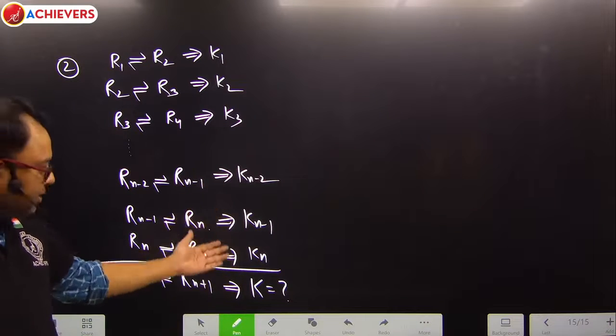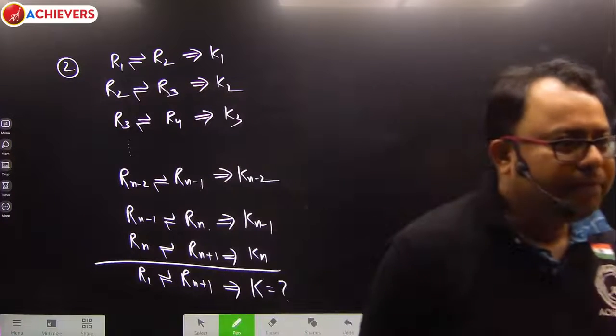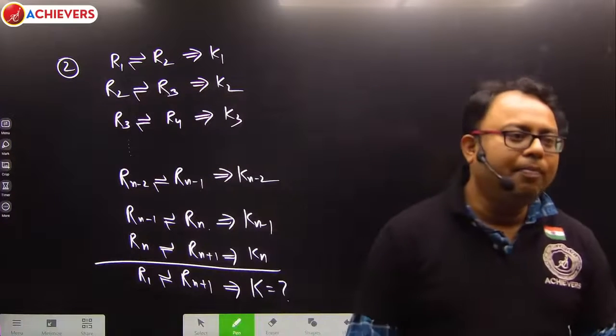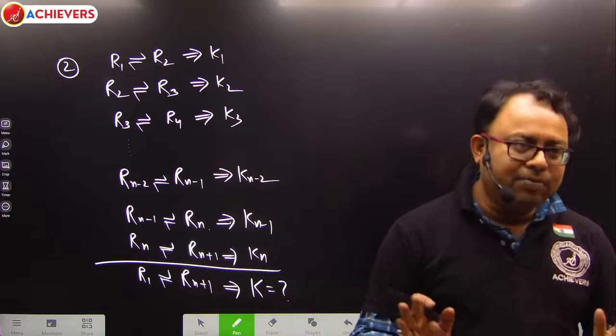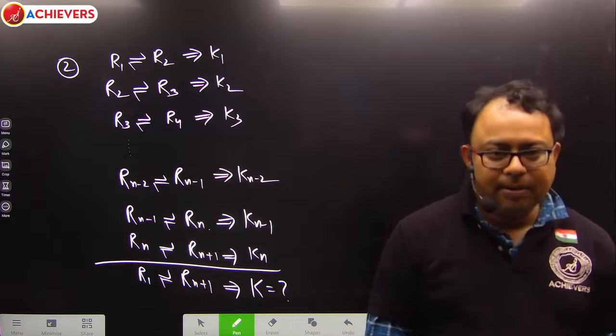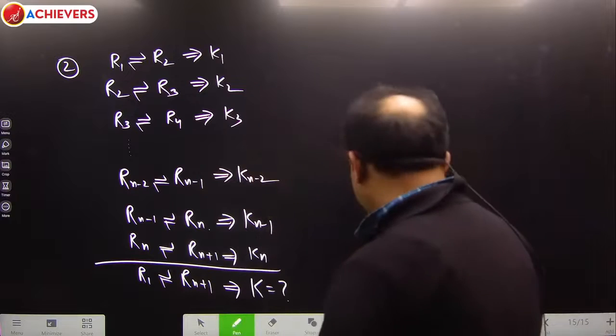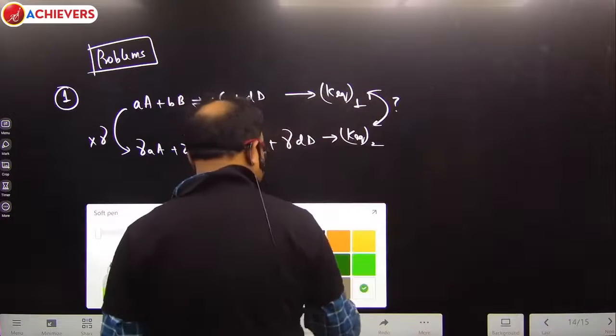In terms of all these things, how can you develop the expression of K? So these are the two important problems. If you know the way these problems are solved, you can solve any equation. Okay. So let's move on to the solution of the first problem at first.